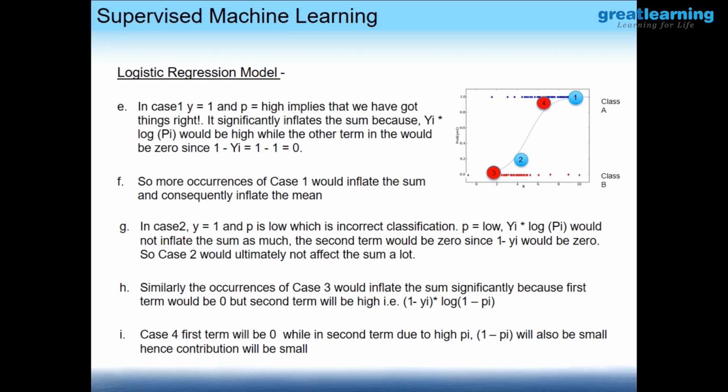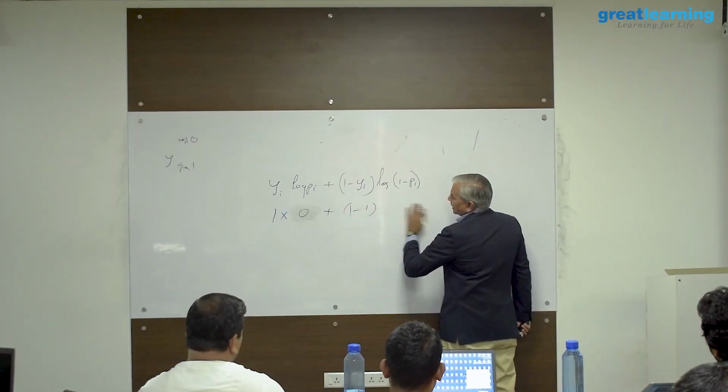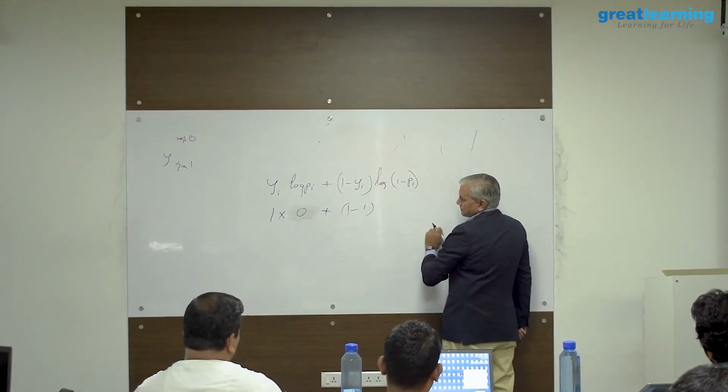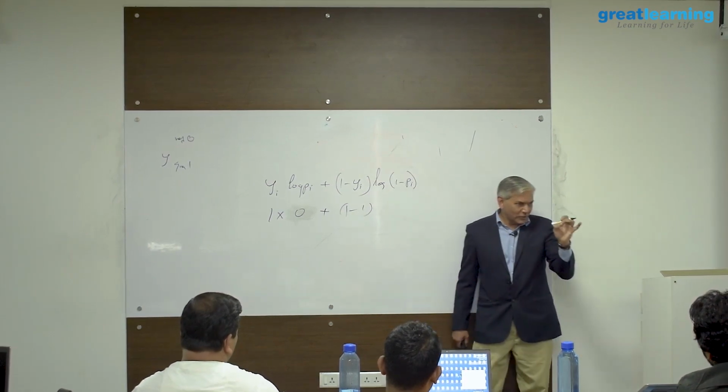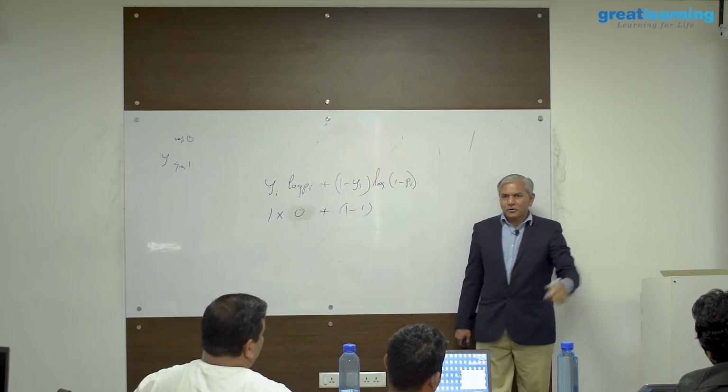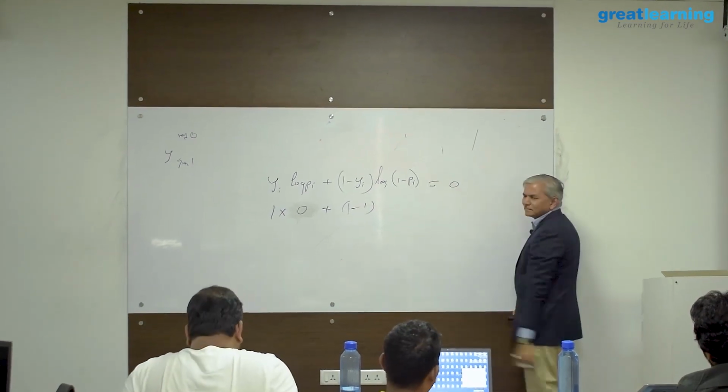So log to the base 2 of a number close to 1 will always be 0. Come to this term. This becomes 1 minus 1. We don't even need to evaluate because this is 0. So when you do correct classification for the blue points, your error is 0.